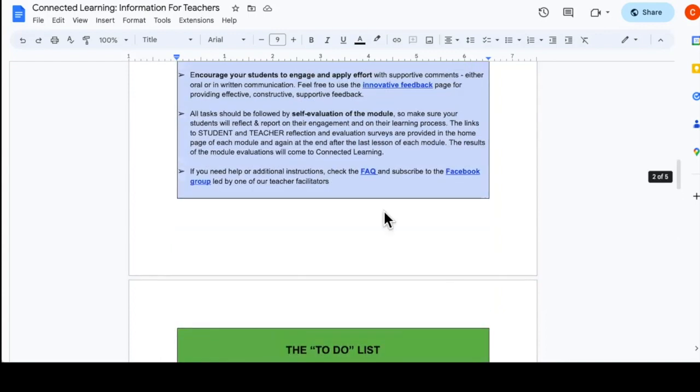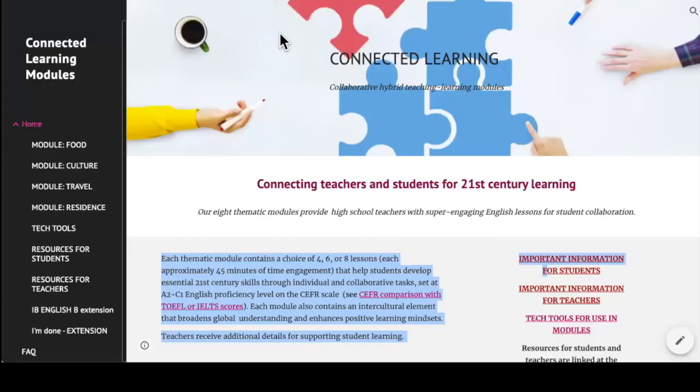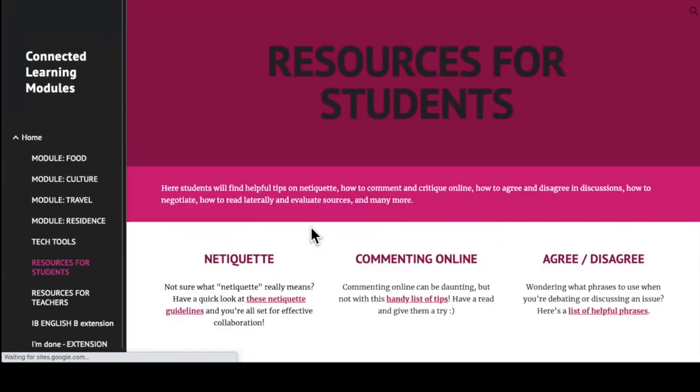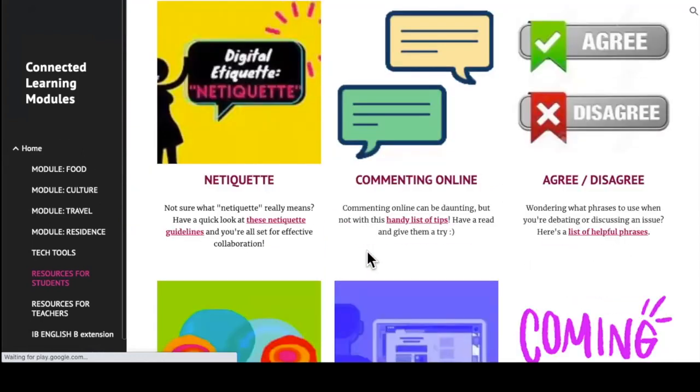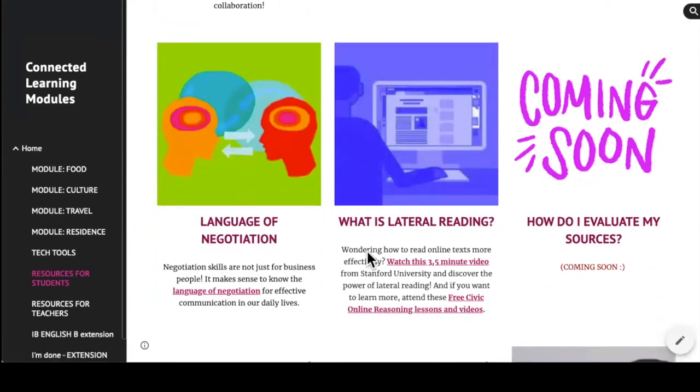Anything that is being used in the modules themselves is there for you as resources for students. For example, there is netiquette and commenting online, agreeing and disagreeing.